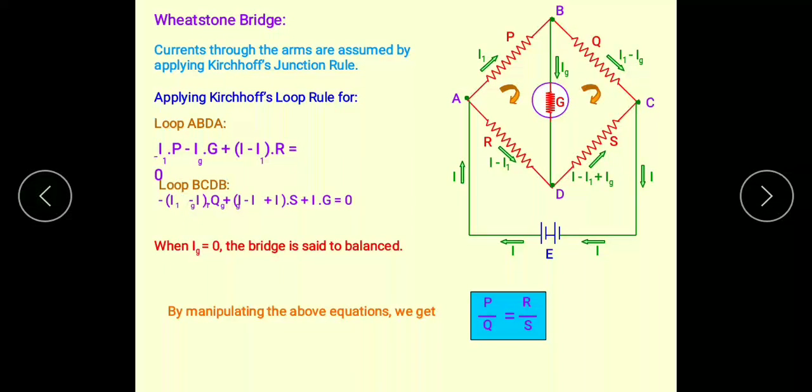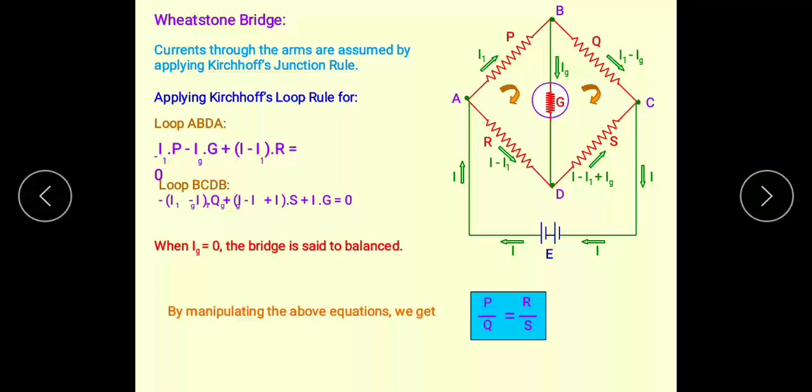Again repeating, put Ig equal to 0 in both the equations and solve, and then you will get P upon Q equal to R upon S. And this is the fundamental equation for the Wheatstone bridge.